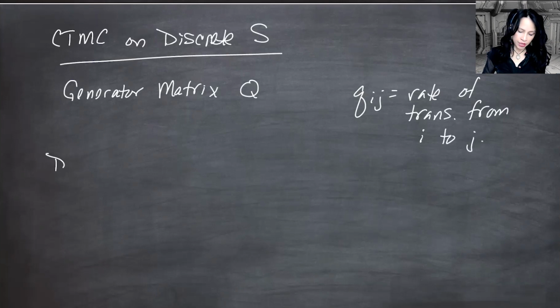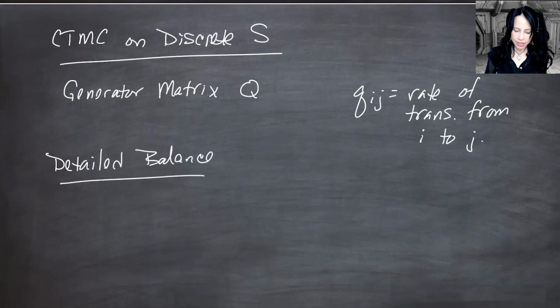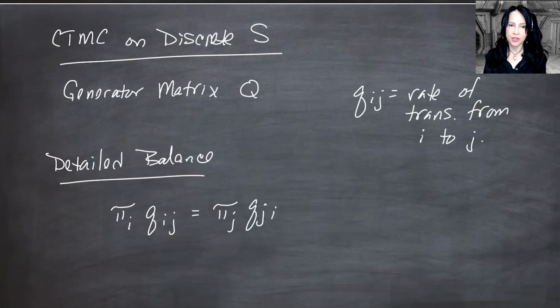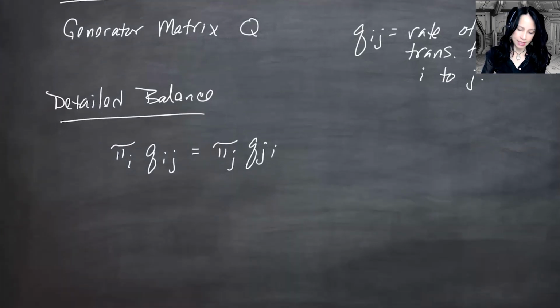And reversibility, or detailed balance, now looks like this. If we have a distribution pi on the same state space where pi_i q_ij is equal to pi_j q_ji, then I claim it is stationary. And this has to hold for everything in the state space.